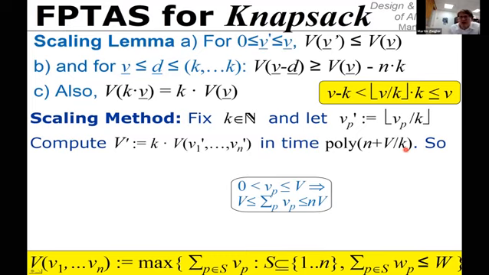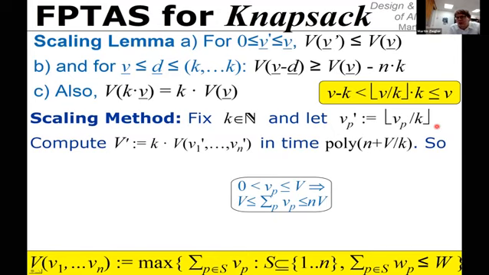So let's see how much rounding the packet values affects things. Let me be more specific. We divide the packet values by k, which in general will not be an integer. Then we truncate that, thus obtaining an integer. Then run the algorithm. And at the end of the algorithm, we're going to multiply the results produced by the algorithm by k again. And this is basically the rounding, right? First divide, then truncate, and then multiply by k.